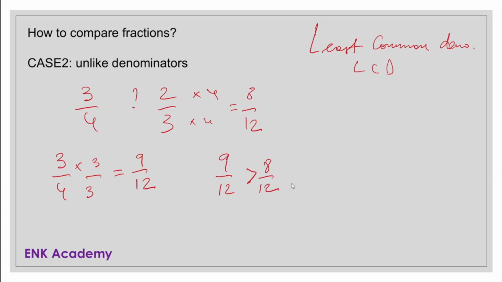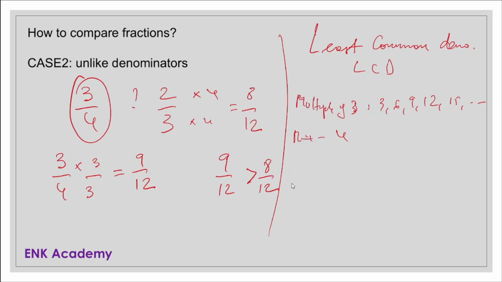For example, what are the multiples of 3? We know that we can count 3, 6, 9, 12, 15, and so on. And what are the multiples of 4? Because we have the fraction 3 over 4, we can count them. We have 4, 8, 12, 16, and so on.